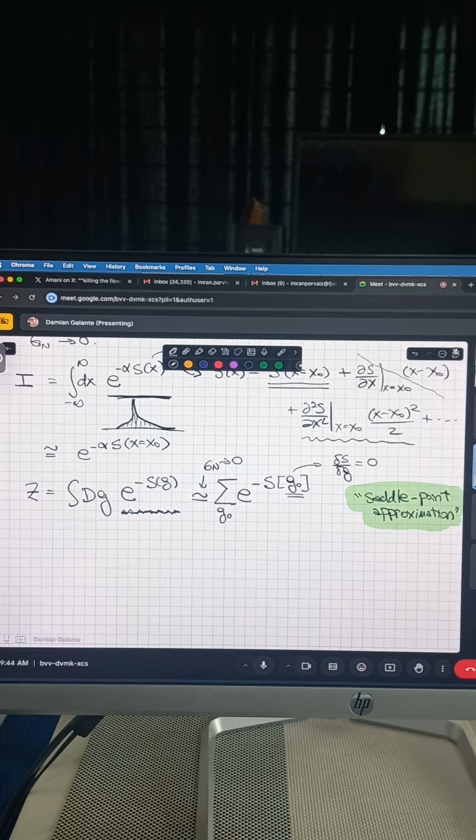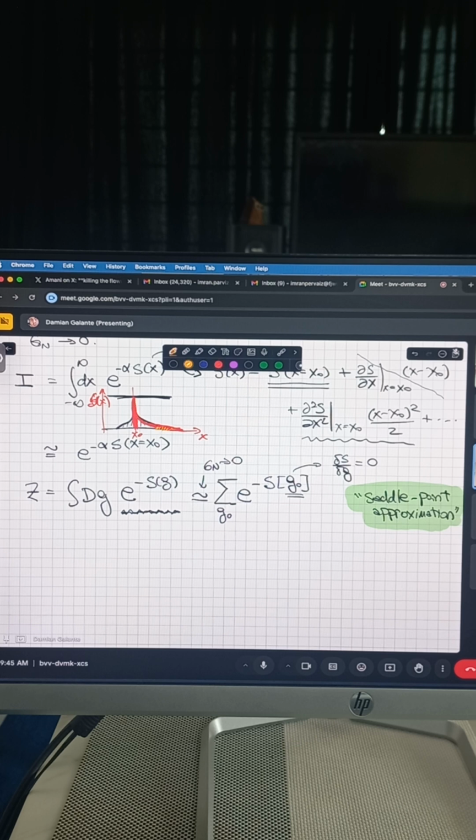I did this very badly, but this is supposed to be x naught, this is x, and this is S of x. If this going down is very sharp, most of the area will come from very close to x naught.